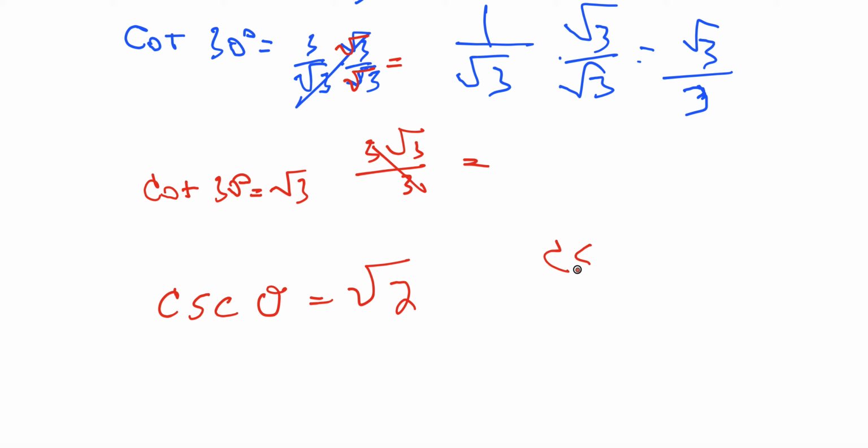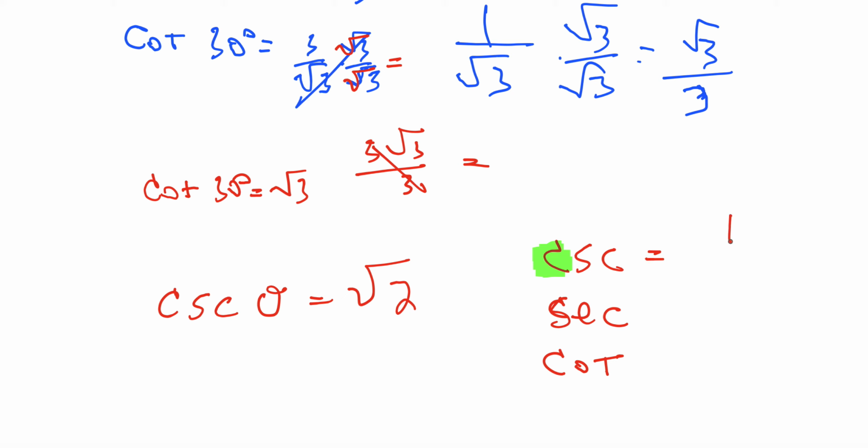So here's cosecant, here's secant, and here's cotangent. And I would love for this to correspond to cosine, because that would be awesome. But we're in opposite land.